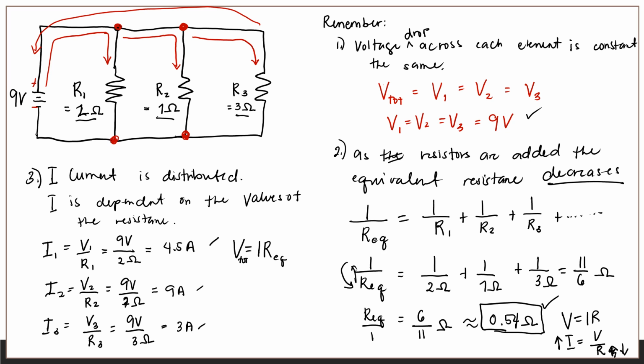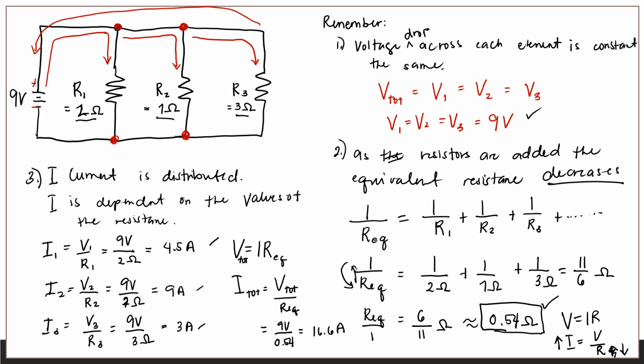So if we want to verify our answer, if they are all correct, the total current is equal to the total voltage divided by the R equivalent. So the total voltage is 9 volts divided by the equivalent resistance we calculated a while ago, which is 0.54, we would get 16.6 amperes.